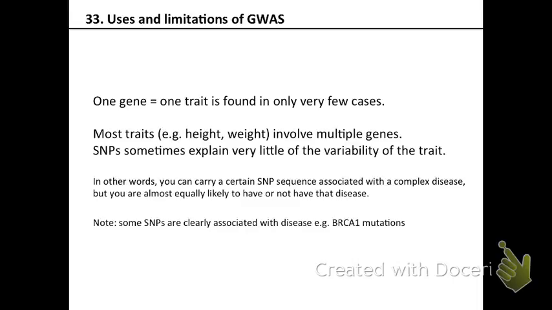Because many, many different SNPs are associated. Sometimes you having a certain SNP at this site is canceled by you having another SNP at another site because these two genes interact, right? And you having a certain mutation is overcome with a secondary mutation that actually helps alleviate the problem.